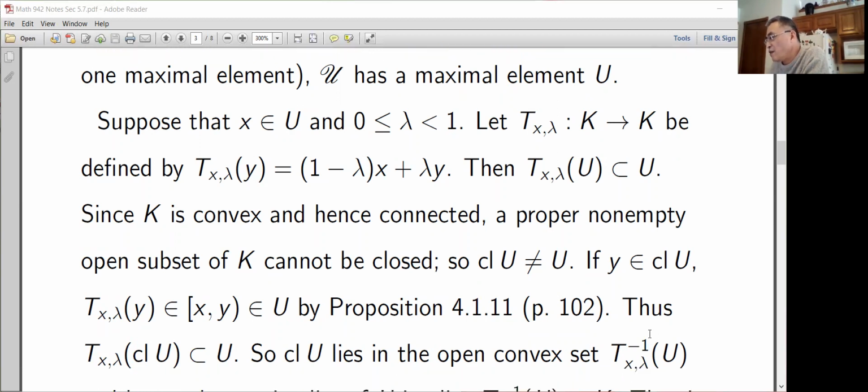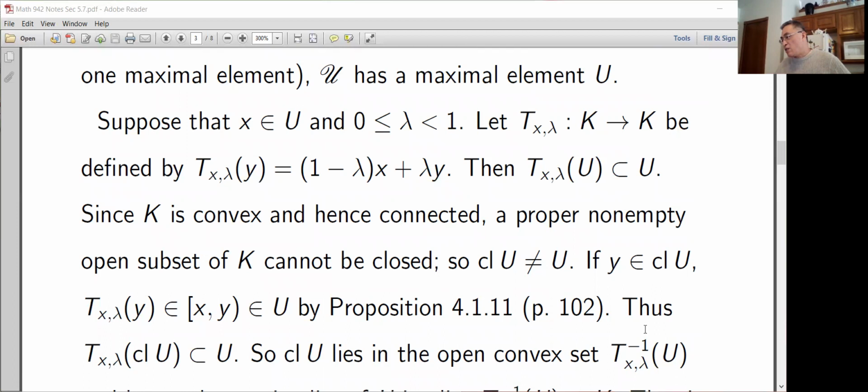This is open, because U is open and this is continuous. So for a continuous map, the inverse image of an open set is open. So it is open. And it is convex, because U is convex.